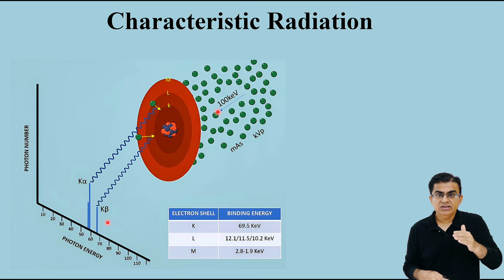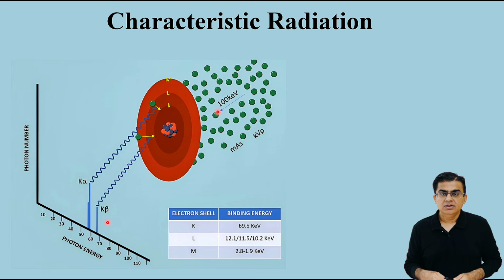See here. Because the M shell is further away, the electron falls a longer distance. This longer fall creates a larger energy drop, making the K beta photon slightly stronger than the K alpha photon.